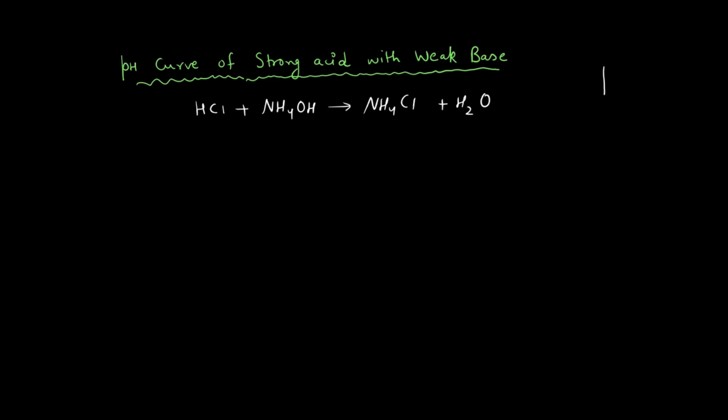So suppose this is my burette, and in my burette I will have HCl, and this is my conical flask.